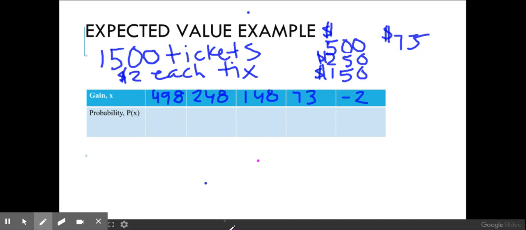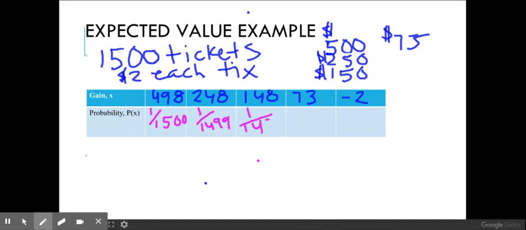So if we have 1,500 tickets, the probability that you win this first prize is 1 in the 1,500 tickets. Now, once that $500 prize is picked, we don't have 1,500 tickets anymore. We have 1,499 tickets because one was taken out.